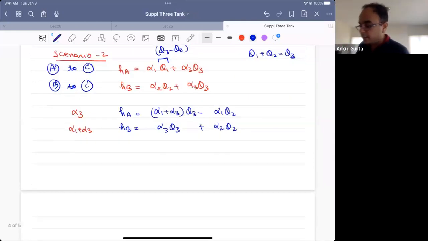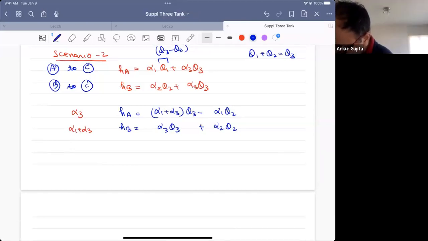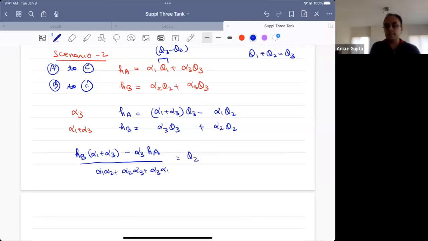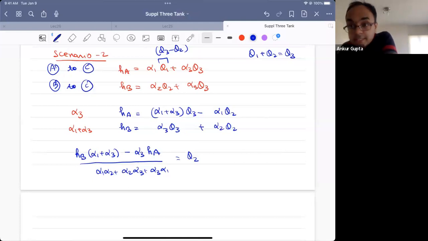And so what I will get is HB into alpha 1 plus alpha 3 minus alpha 3 HA is equal to alpha 1 alpha 2 plus alpha 2 alpha 3 times Q2. You can try this on your own, I really encourage you to do this. That gives what Q2 is, and amazingly, as you might notice, this is positive.